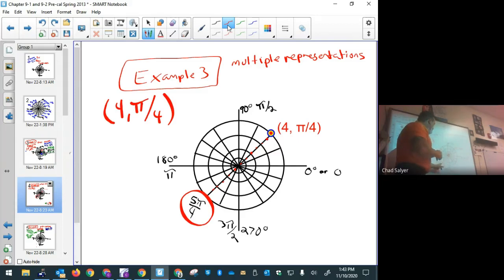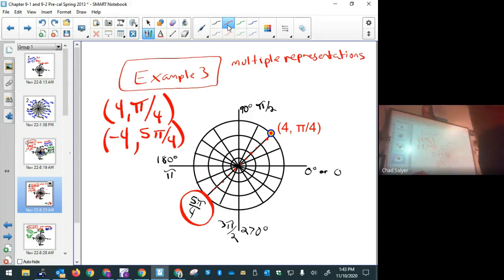Because you see how if I say (negative 4, 5 pi over 4), I land in the same place? If I take the angle that's 180 degrees opposed to the original angle, or pi radians opposed, which is 5 pi over 4, and then I go negative r units in that direction, I land in the same spot. It's sort of like this: I can take 4 steps forward, or I can turn 180 degrees and take 4 steps backwards. See how I'm in the same spot?